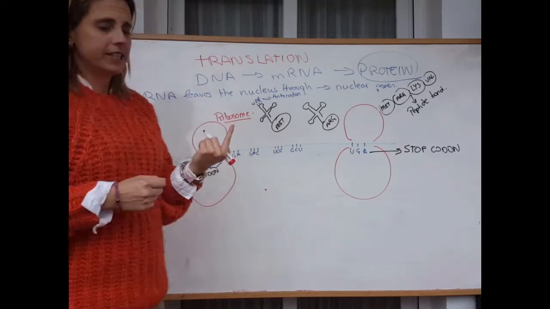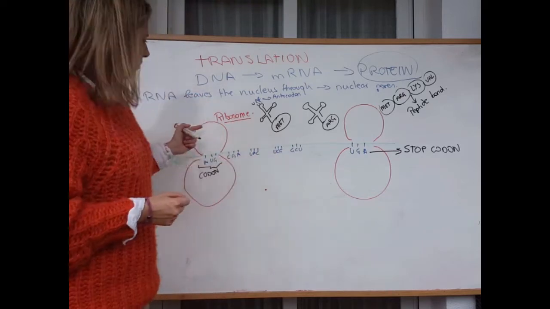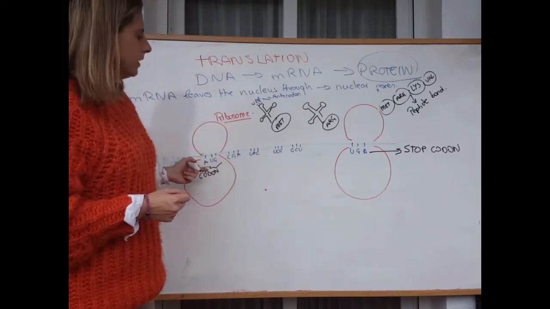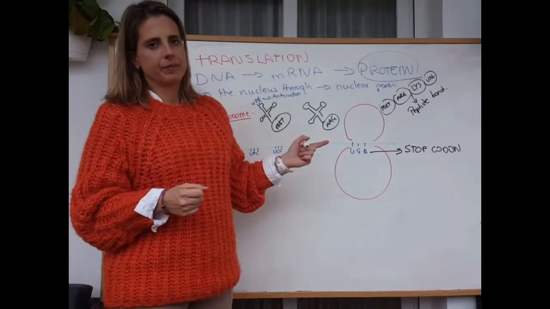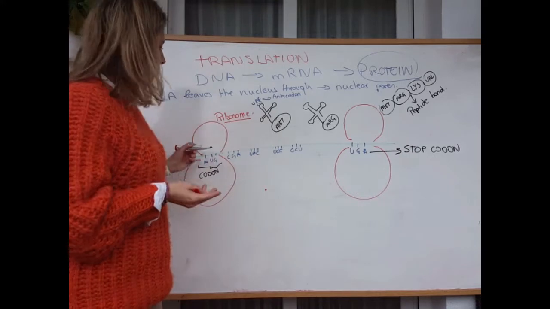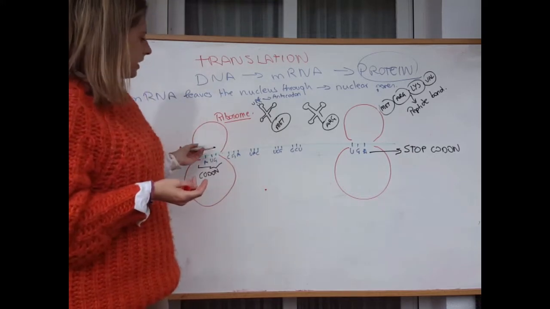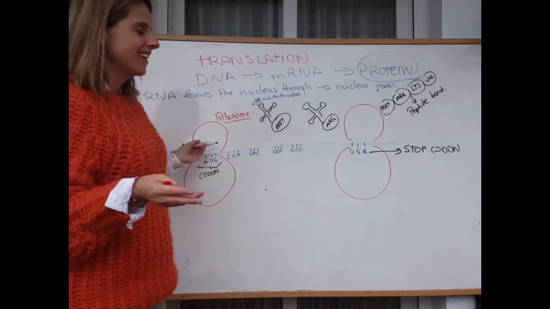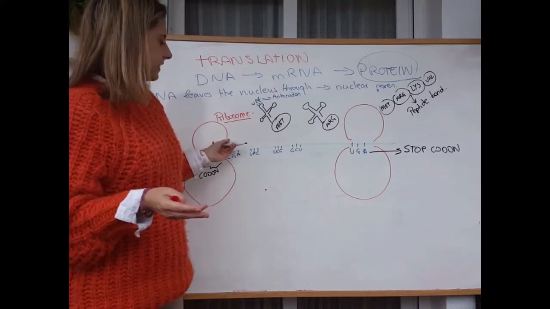So the first thing that happens is that the ribosome, both subunits, is going to join the messenger RNA, and it's going to be like a reader. It's going to read all the nitrogenous bases that it finds.